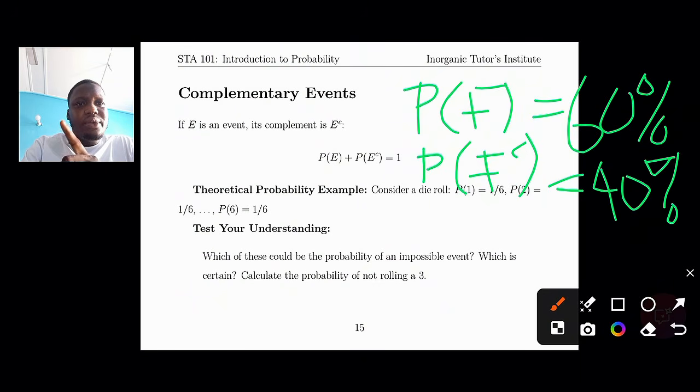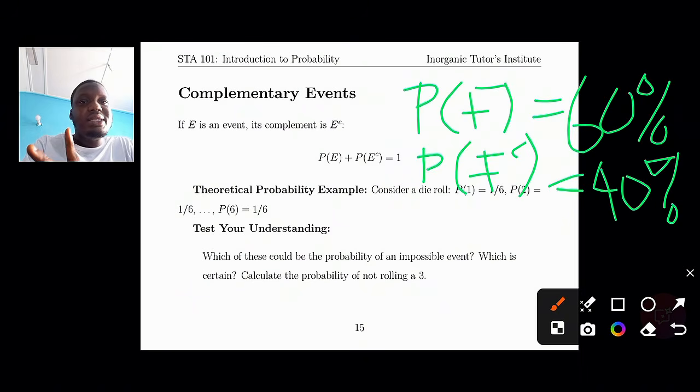So when we have probability of getting an even number to be, say, 30%, then the complement of even number, which is odd number, will be 70%. So if in a set 30% are even, then automatically you can deduce that 70% will be odd. So that's what we mean by complement.